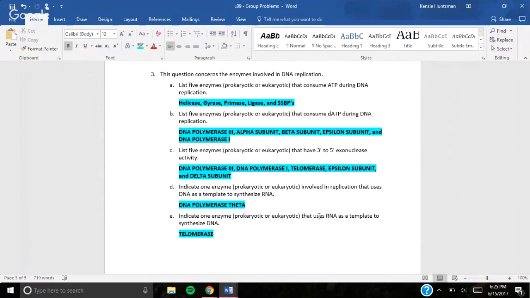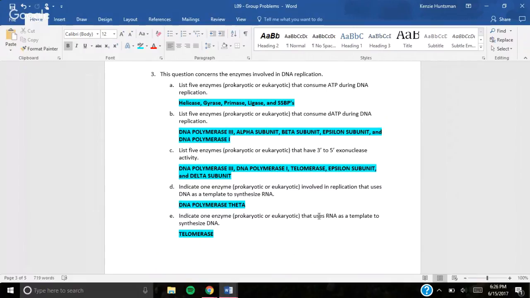And then for B, list 5 enzymes, prokaryotic or eukaryotic, that consume dATP during DNA replication. And we found DNA polymerase 3, DNA polymerase alpha subunit, DNA polymerase beta subunit, also DNA polymerase epsilon subunit, and DNA polymerase 1 as well.